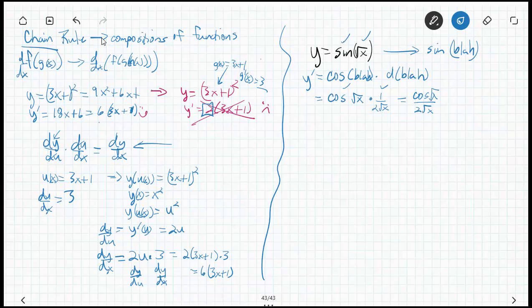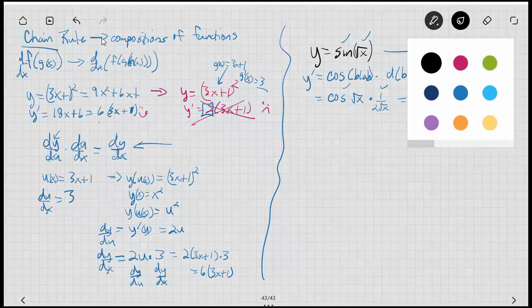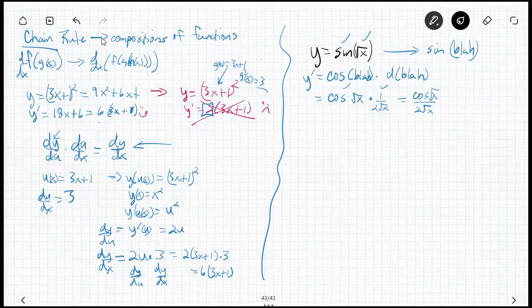Now, I'm going to get a little trickier. We're going to take the same function, but I'm going to add a little bit more to it. I'm going to do y is equal to the sine of the square root of x squared plus 1. Now, look really close. Again, dominant function is sine of x. What am I sticking in the sine of x?